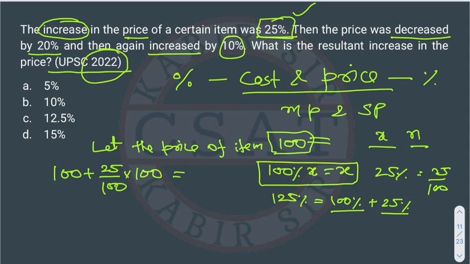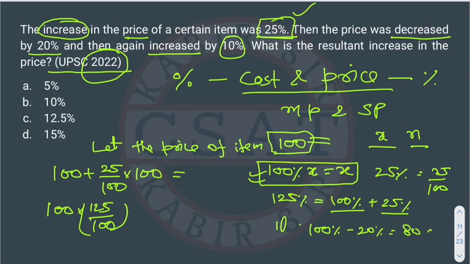So in this question, we have assumed the price is 100, and the price got increased by 25%, so we can directly write 125 upon 100, right? And then the price was decreased by 20%. So in percentage, if the price is getting reduced by 20%, as we discussed here, the 20% decrease can be written as 100% minus 20%, right?